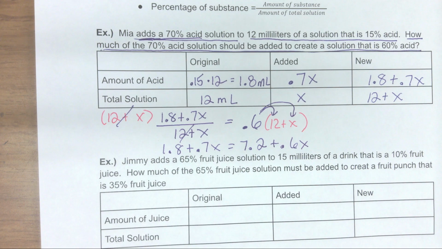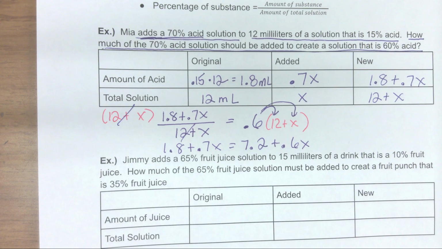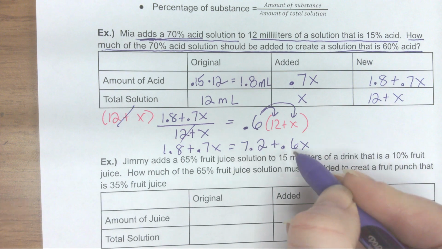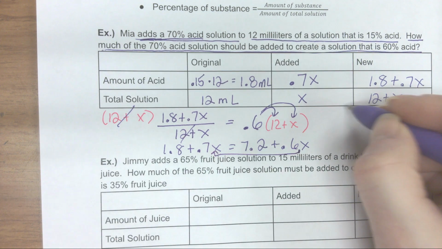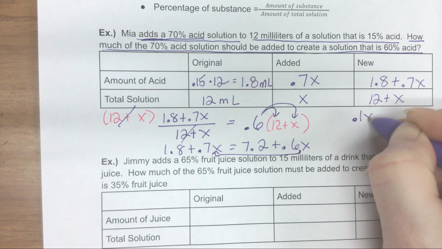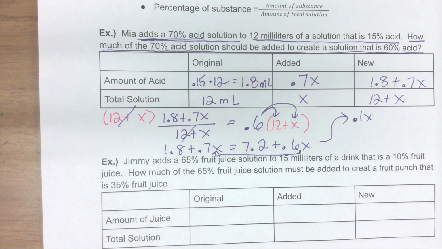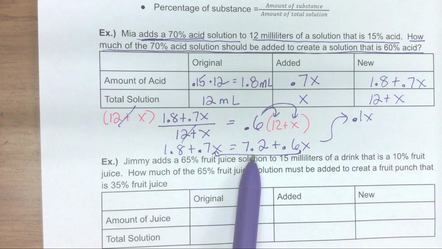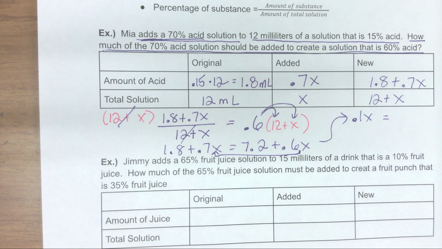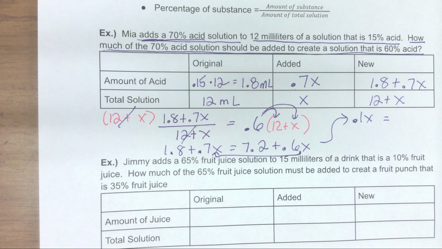All right, at this point, we're in Algebra 2. I'm not going to insult your intelligence. Let's just use our brain. We're going to move all the x's to one side and all the other stuff to the other side. If I took this 0.6x away from 0.7x, wouldn't you agree? On this side, we would have 0.1x. Okay, over here, can you guys take 7.2 and minus 1.8?